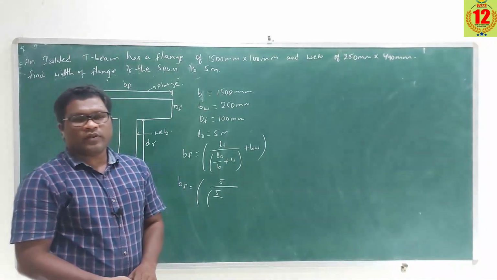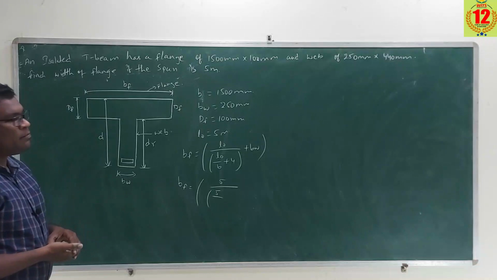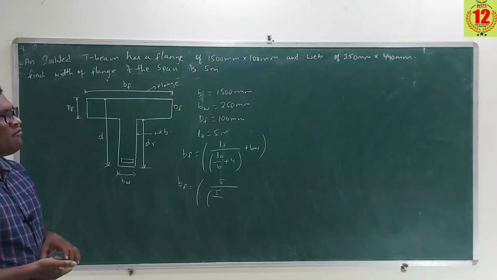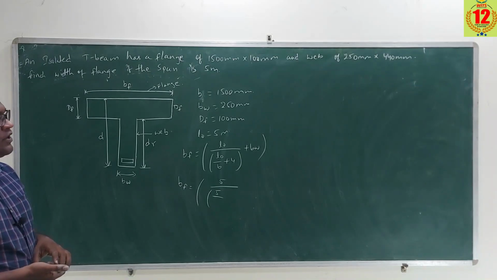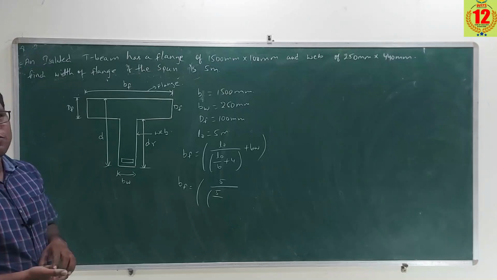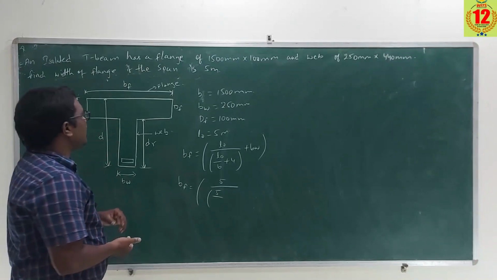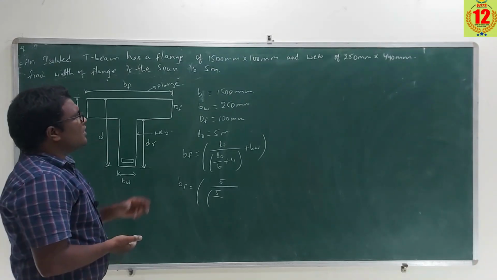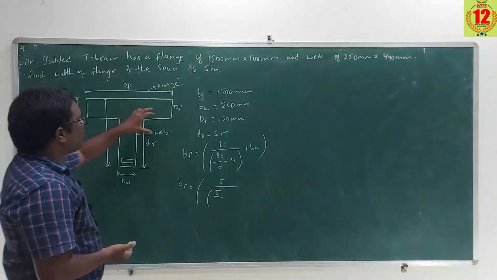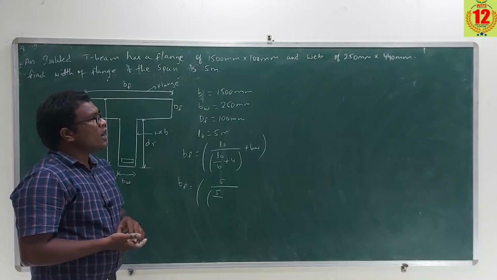Okay, now let us go with the problem. The problem is an isolated T beam has a flange of 1500 into 100 mm and web of 250 mm into 440 mm. Find the width of a flange if the span is 5 meters. This is the given data: the width of the flange B equals 1500 mm, and the depth of flange DF equals 100 mm.